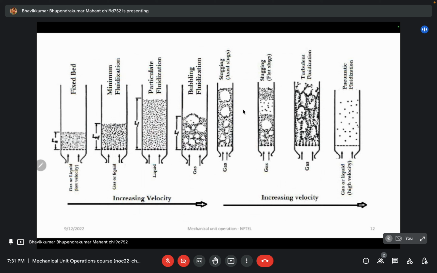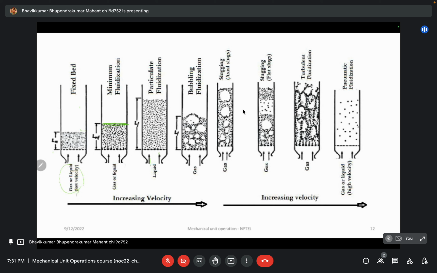Here we already discussed L by M, sorry, I mistakenly said L by M; LM is there. At low gas or liquid velocity, a fixed bed will be there. By increasing the velocity, it converts into minimum fluidization. It has some separation of the particles, but not much. Then particulate fluidization is there; it's uniform fluidization for liquid.